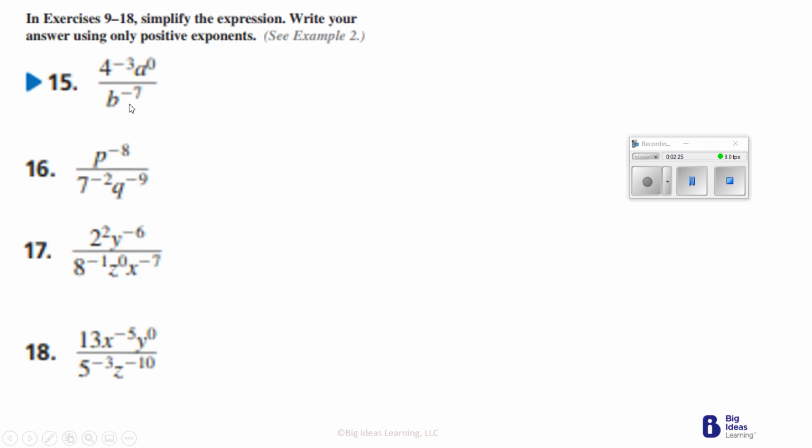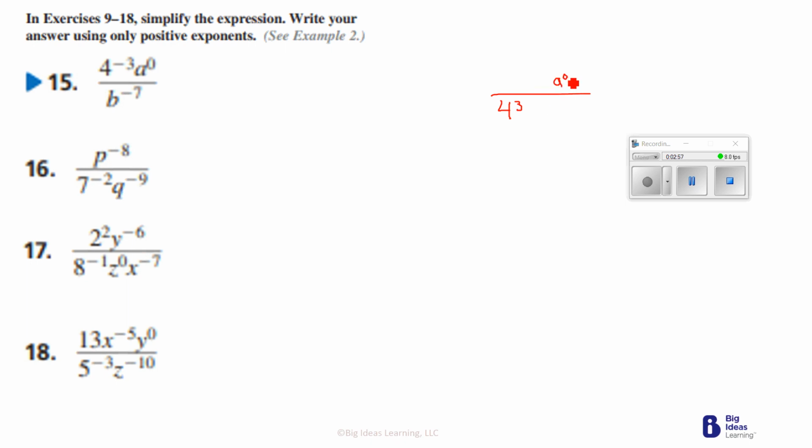8 is yours to do. I'm going to number 15. Number 15, once again, I'm going to have to shift some exponents around. There's a negative 3 here, so that 4 to the 3rd power comes down here, and the a to the 0 power will remain up there.